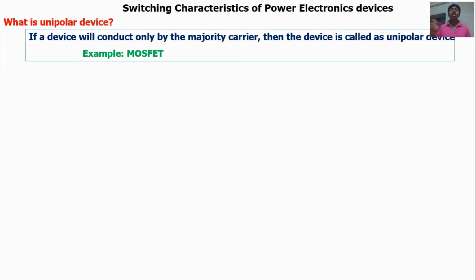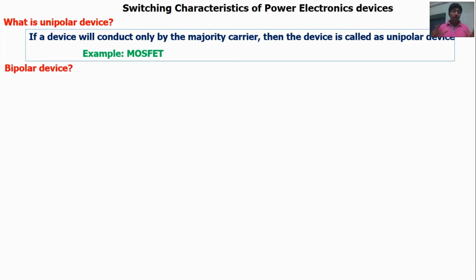One is N-channel MOSFET, another one is P-channel MOSFET. In the N-channel MOSFET, the carrier is only electrons. It will conduct only by the majority carrier electrons, not by holes. In P-channel MOSFET, the majority carrier is holes. It will conduct only by the holes, not by electrons. So, the MOSFET is called a unipolar device. It is the definition based on the basic electronics concept.